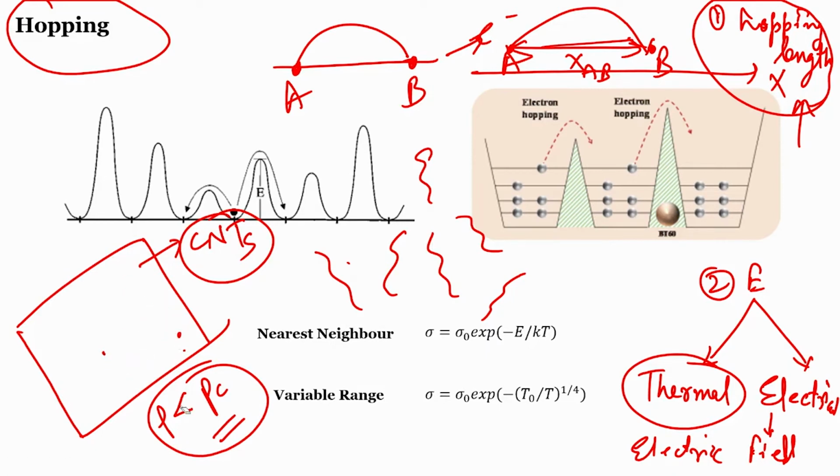Now similarly, let us try to take the case where this volume fraction is enough to form a percolative path.